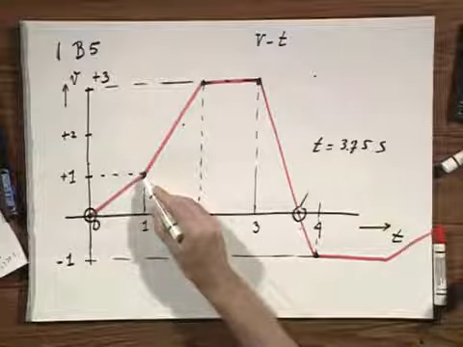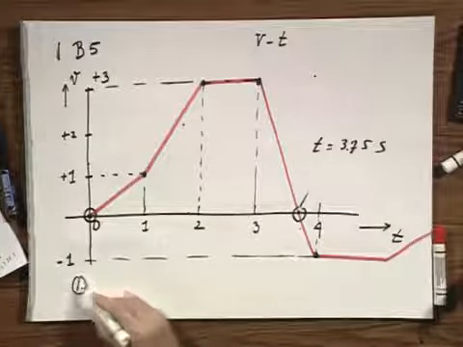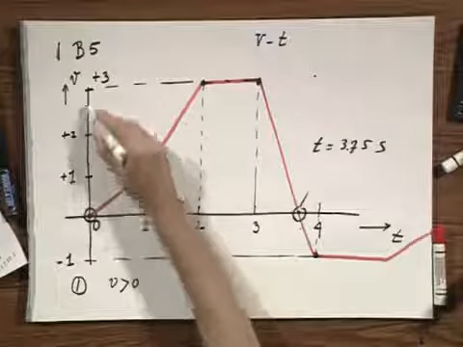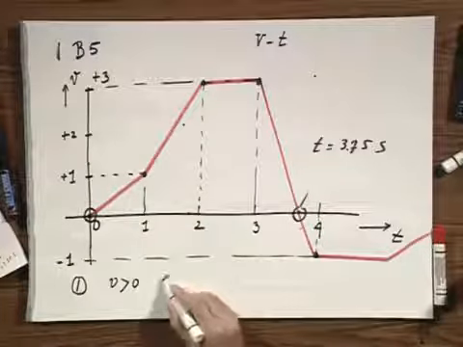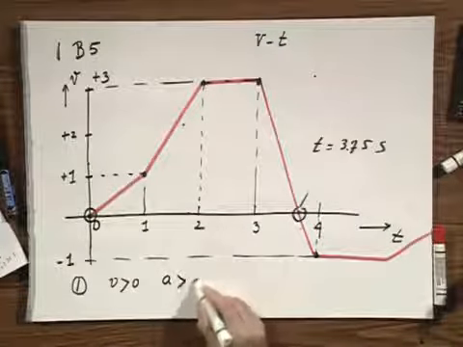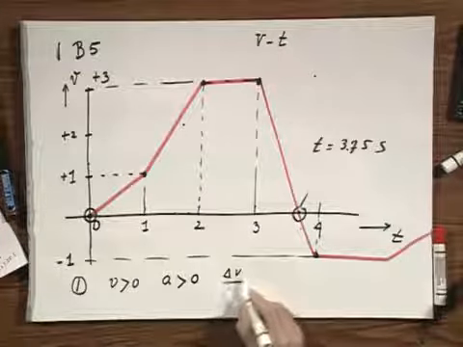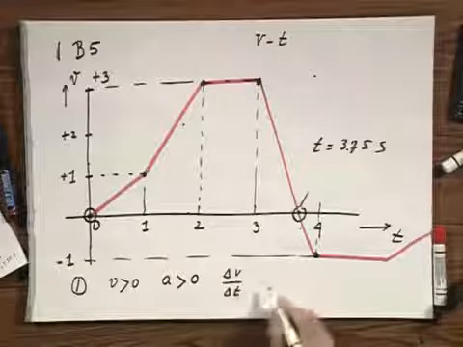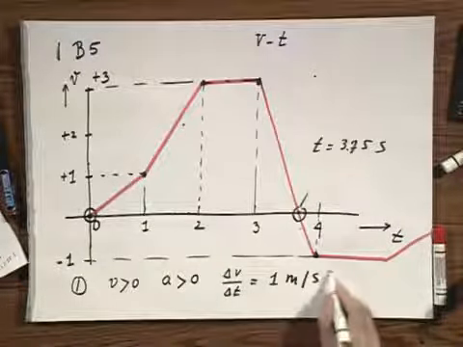Notice that during the first second, during second number 1, the velocity is larger than 0, positive values. It is increasing linearly, so a must also be positive, and a, which is delta v divided by delta t, the mean value for a is the same as a itself, equals 1 meter per second squared.